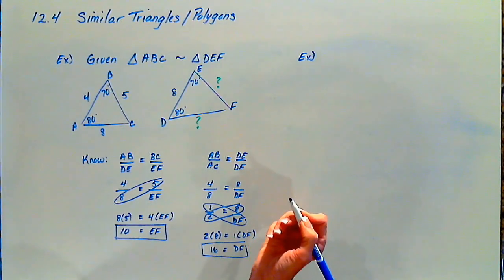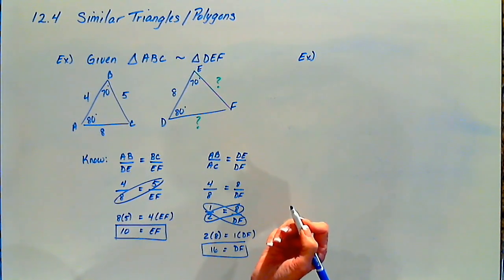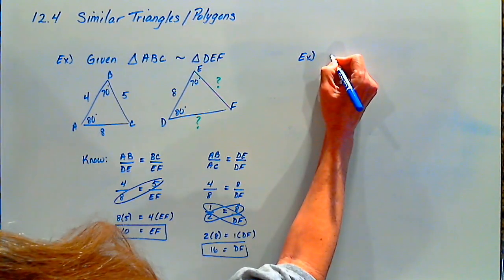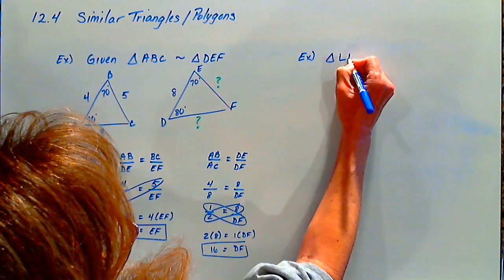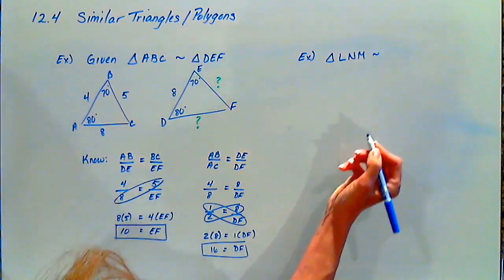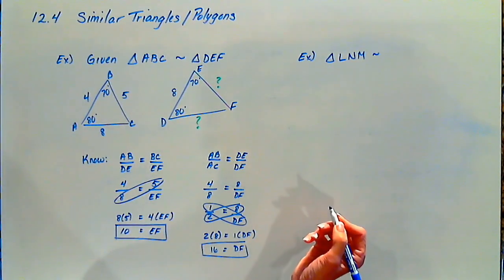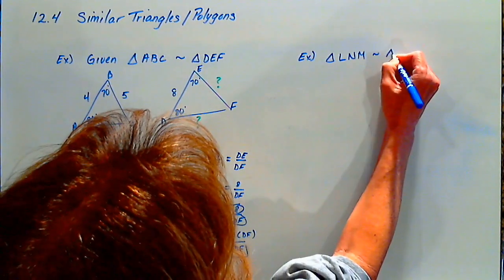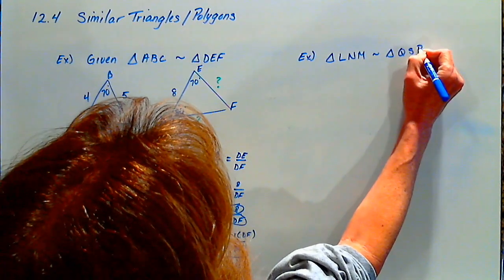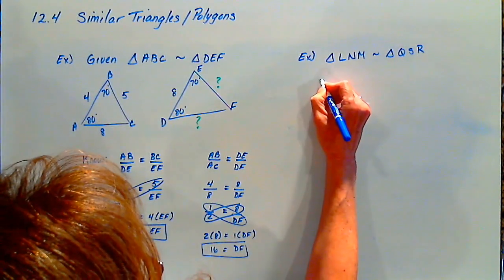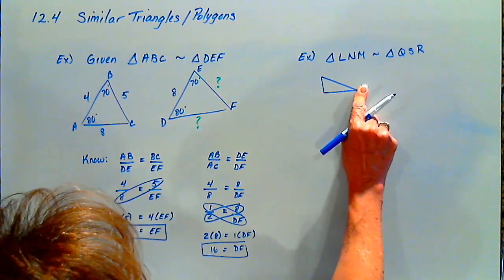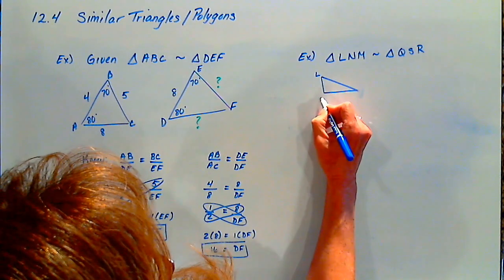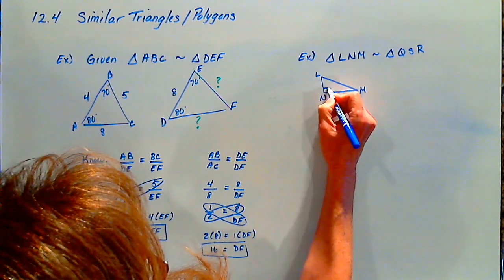This time I'll make them right triangles, and I am going to tell you that triangle LNM is similar to triangle QSR, with N being a right angle.